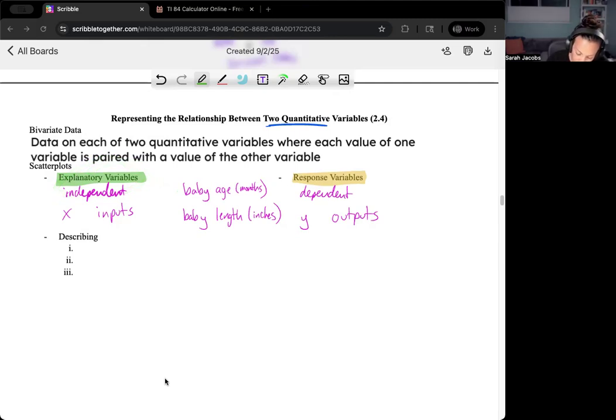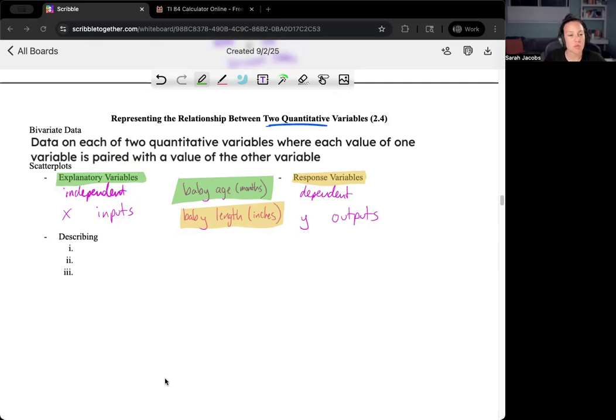Cool. So the age in months, we would probably think about as our explanatory variable. As the baby gets older, it's probably also increasing its length. We probably have a positive relationship there. It's unlikely that the baby's increasing length is causing it to age, right?